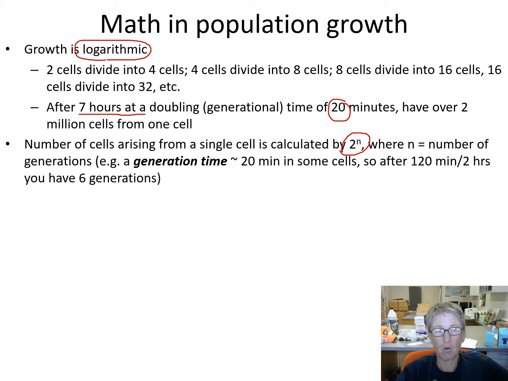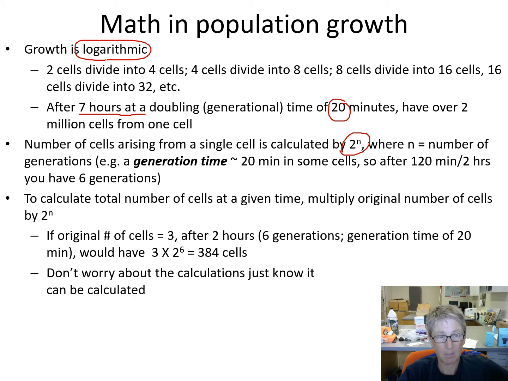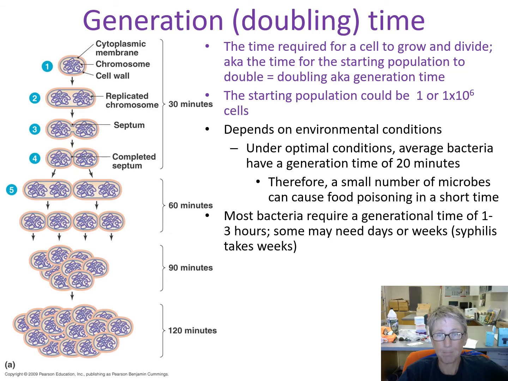So after 120 minutes, you'll have 6 generations of microbes. And then here's how you can calculate the total number of cells at any given time. You can read over this if you like, but there will be no generational time math on the exam.